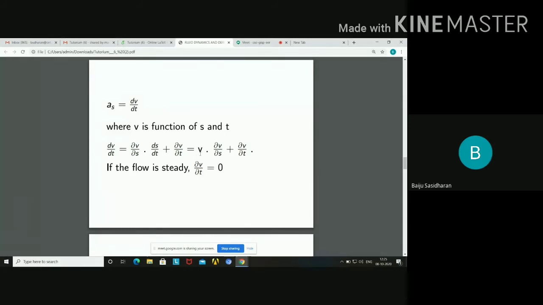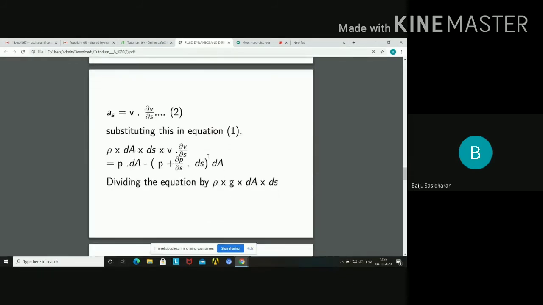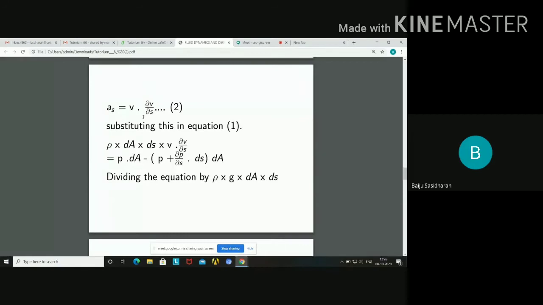That is v into dou v by dou s plus dou v by dou t, since ds by dt is v. And if the flow is steady, dou v by dou t is equal to 0. Therefore, the remaining term is v into dou v by dou s. Therefore, this as is equal to v into dou v by dou s.